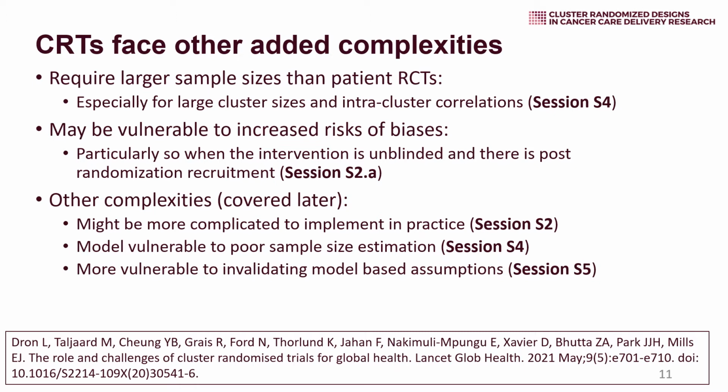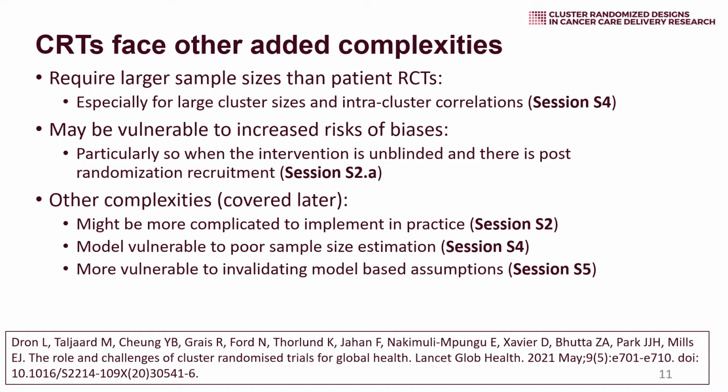Now, cluster randomized trials face added complexities. They require a larger sample size than patient randomized trials. We've just been through that in some detail. And this is especially the case when the cluster sizes are large or the intra-cluster correlations are high. But they may also be vulnerable to increased risks of biases. And this is particularly so when the intervention is unblinded and when there is post-randomization recruitment.